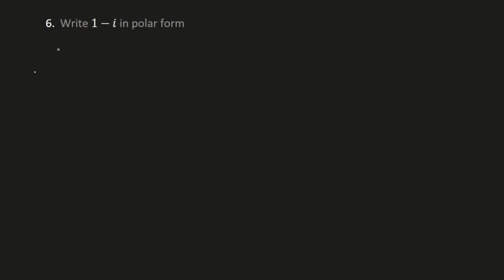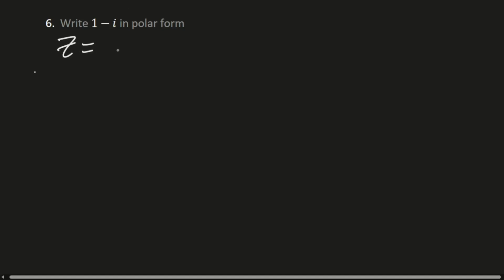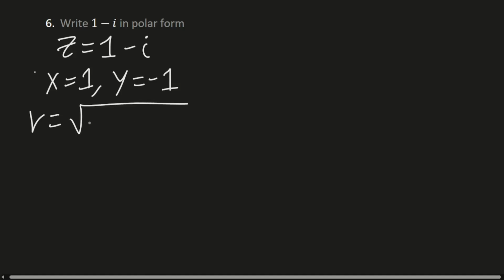Okay, so this one we also put into the form z is equal to 1 minus i. So our x becomes 1, and then y is equal to negative 1. So our r is equal to the square root of 1 to the power of 2 plus negative 1 in parentheses to the power of 2, which becomes square root of 2.